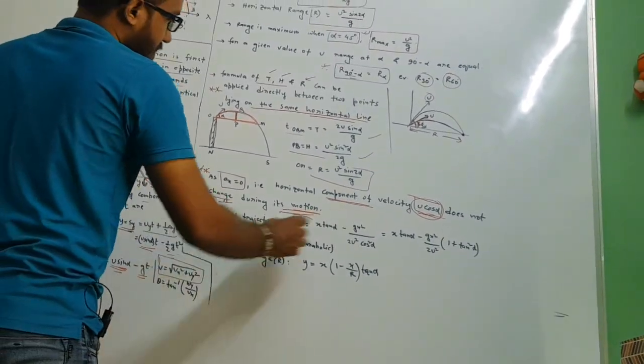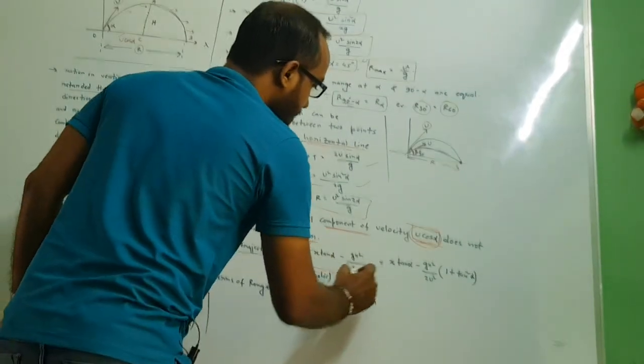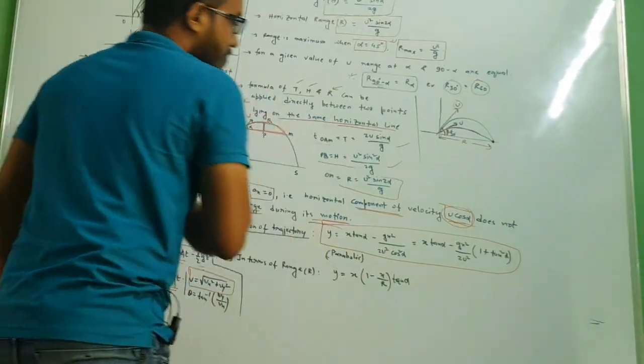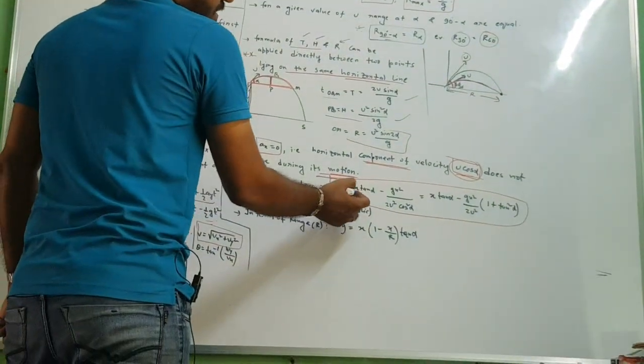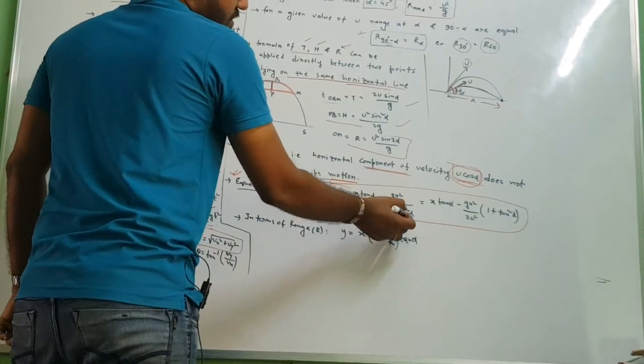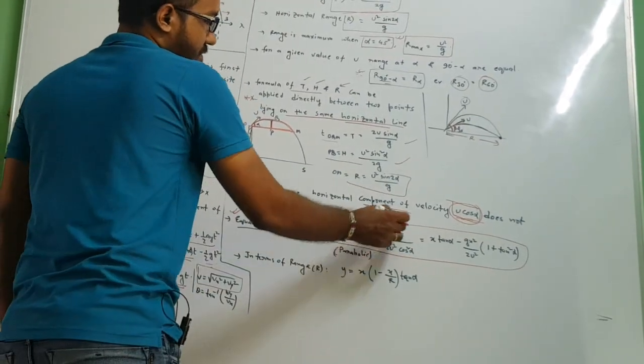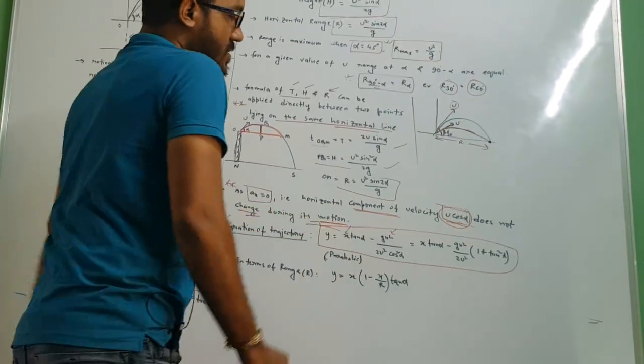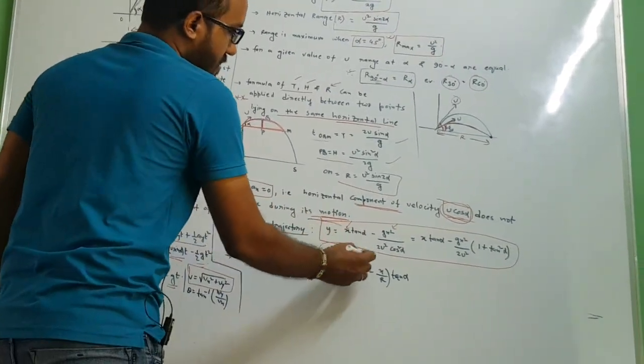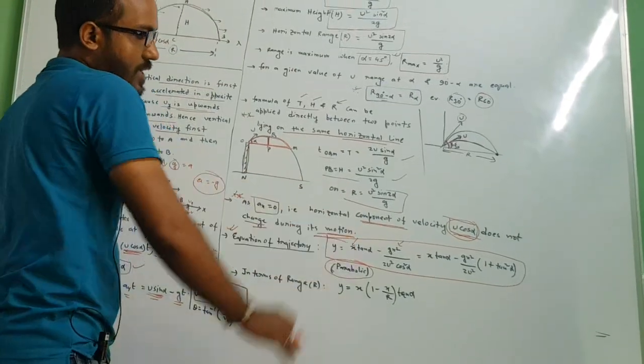Now, equation of trajectory. Remember this equation of trajectory: y equals x tan alpha minus g x square by 2 u square cos square alpha. You can see the x term is quadratic, so that's why this projectile motion is parabolic.